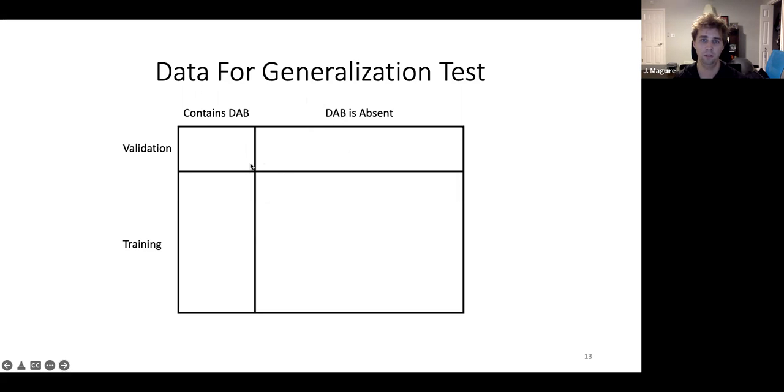If DAB is absent from the cyclic peptide sequence, it's over here. All the cyclic peptides that contain DAB are over here. We then train new models on the new training set where DAB is absent, the new validation set where DAB is absent, and then compared the performance of this new model against the original model on this corner, where DAB is present.